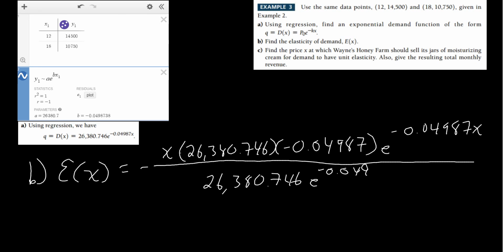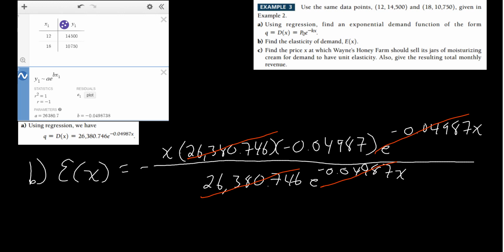I promise it's going to look so much better in a moment. Something you can do with these elasticity functions, especially for exponential equations, is instead of multiplying these two together to get a number, I can simply cancel this with this, cancel this with this, and that's it.